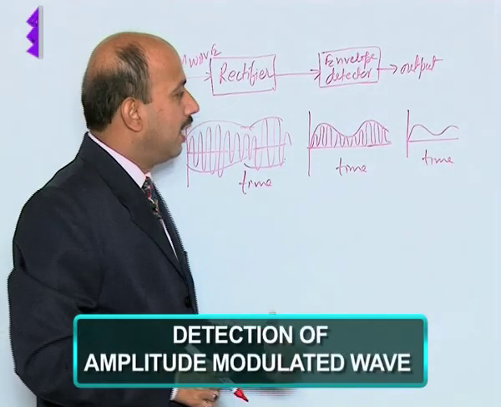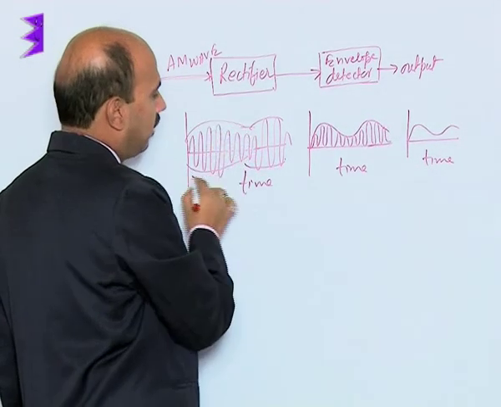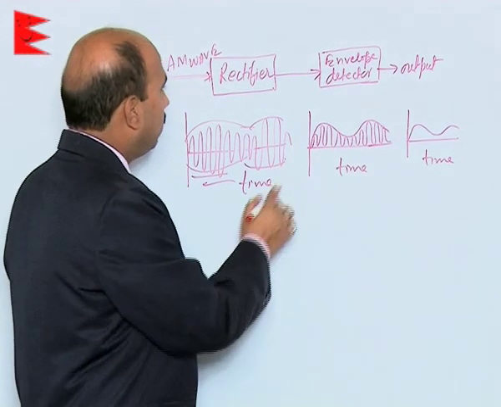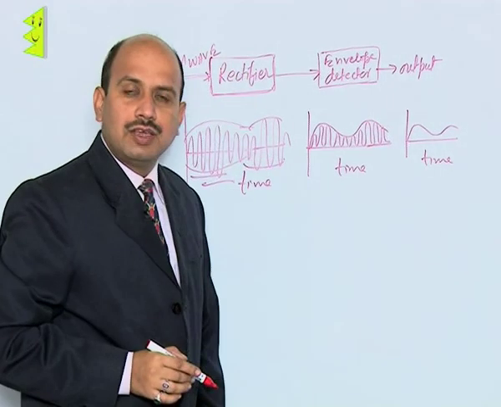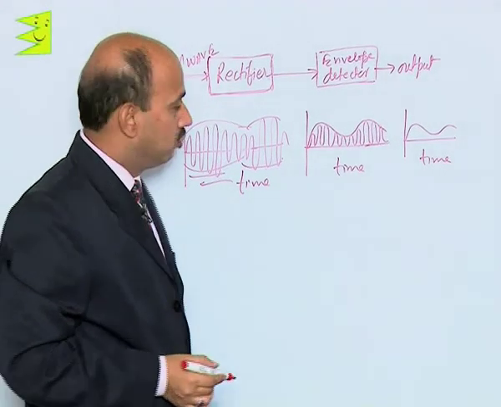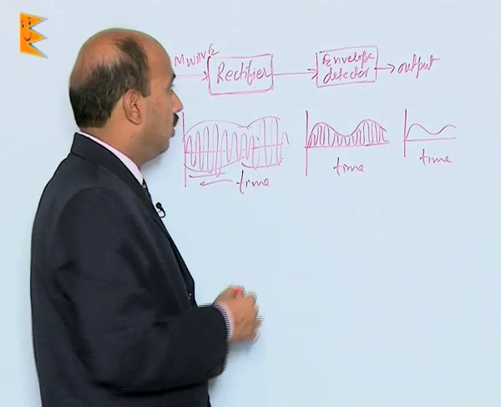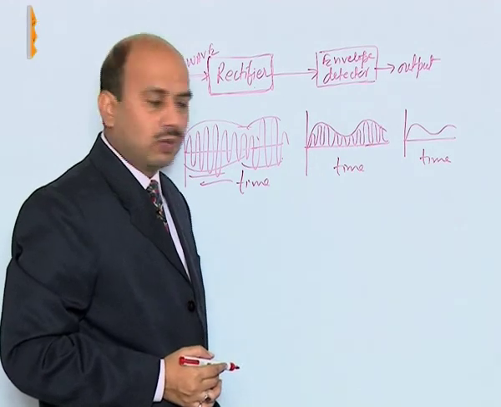Now see the block diagram of the detector. First, this is the AM wave which has been transmitted by the transmitting antenna. This wave comes to the rectifier. A rectifier is a device which converts AC signals into DC signals. As the signal comes out of the rectifier, it is unidirectional, one sided.